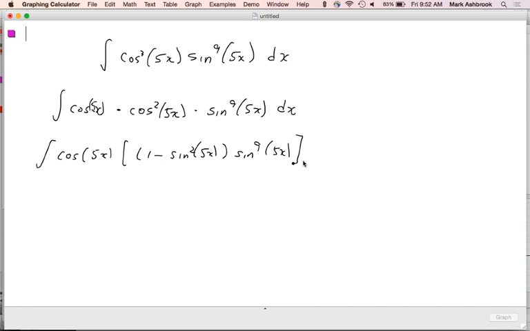Can you see it from here out? So I have two integrals, right? Sine to the 9th 5x times cosine 5x, and sine to the 11th 5x times cosine 5x, which are both undoing the chain rule. Do you see it? I'm going to distribute inside the big brackets.